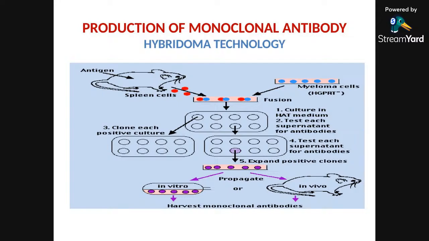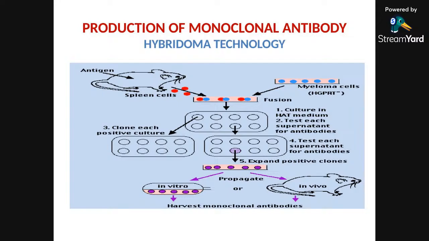Both the spleen cells and myeloma cells are fused with PEG media. They will be fused and then cultured in the HAT media. HAT media means hypoxanthine, aminopterin and thymidine media. In this media, spleen cells alone cannot grow.